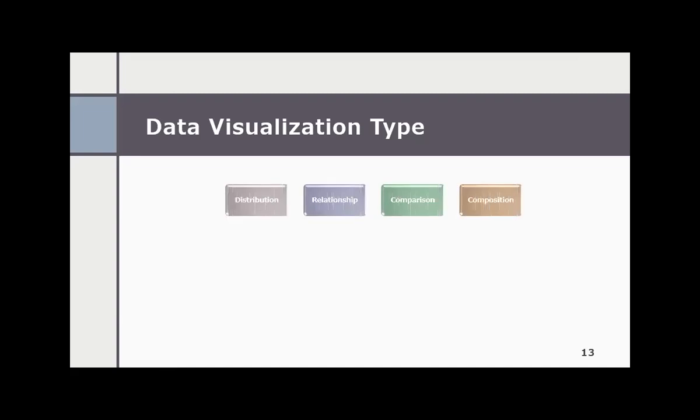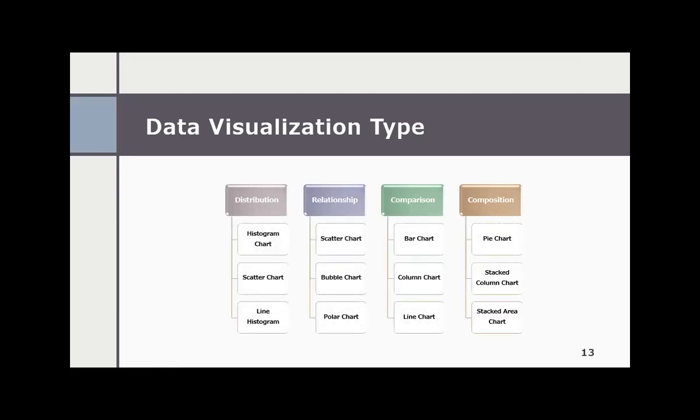Data visualization plays a key role in providing meaningful insights, and there are different types of visualization based on data analysis to be done, such as distribution, relationship, comparison, and composition, with various types of charts available to provide visual display of data.